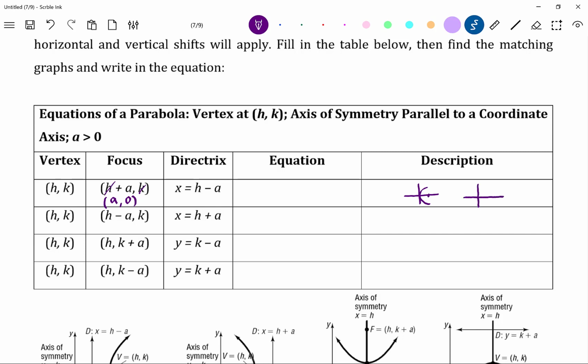So instead of the focus being at a, it's at a plus h. And the focus is also raised k units. So the focus is right here at (a plus h, k). The parabola goes the same direction. So this parabola is going to have the equation (y minus k) squared is equal to 4a (x minus h).